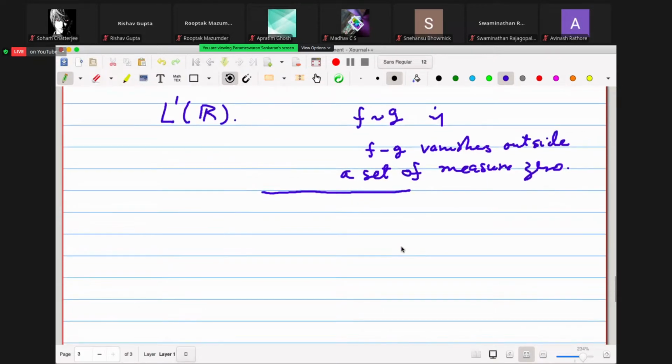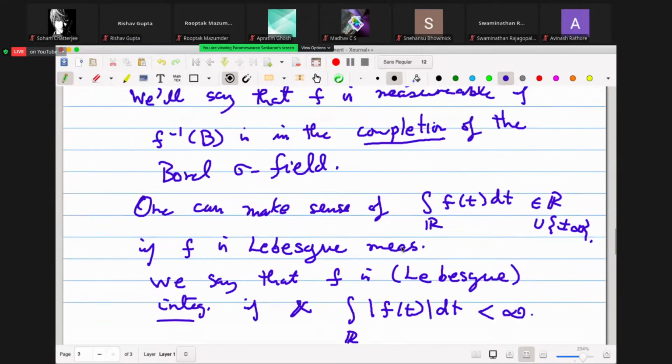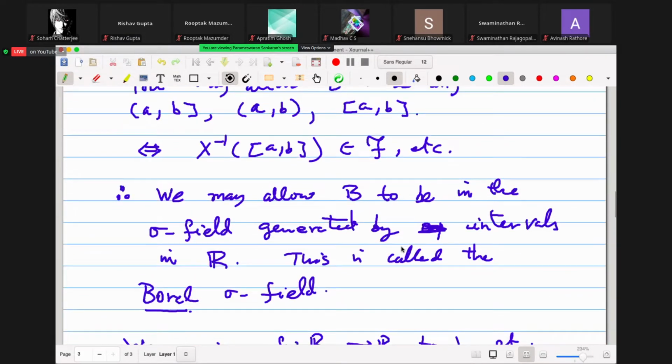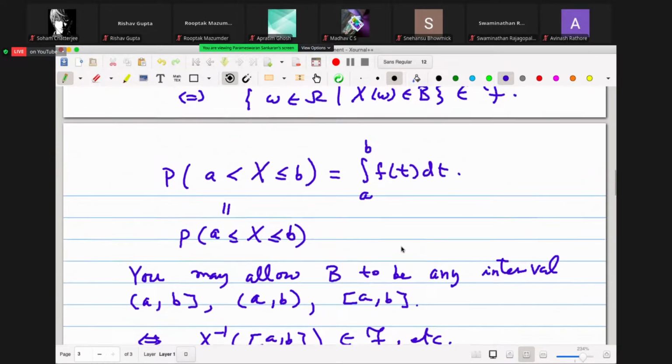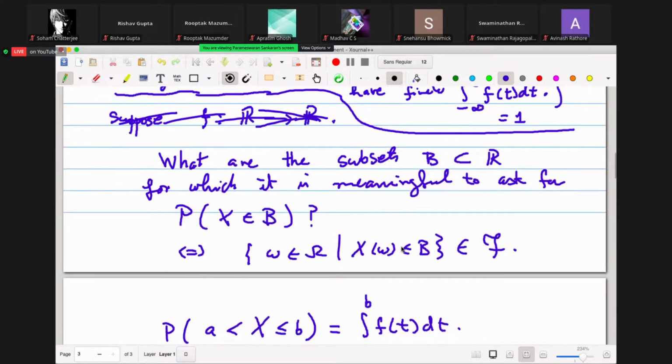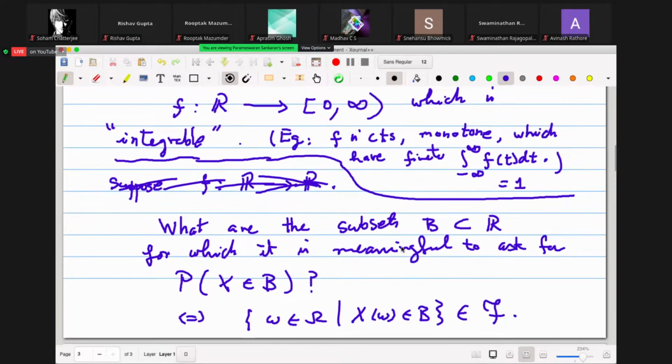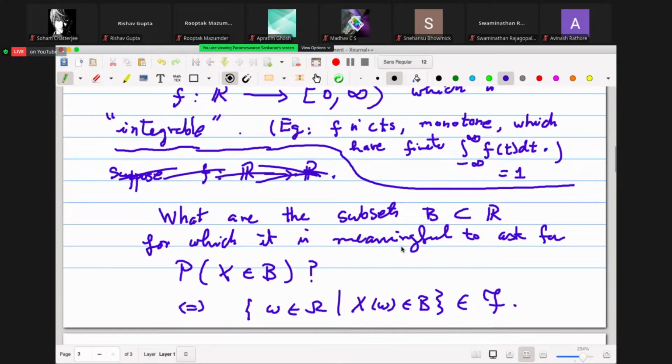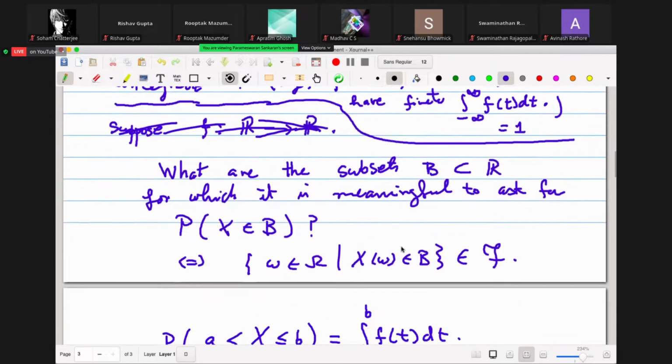The main difference between continuous and discrete is that you need to restrict your f suitably so that it makes sense to talk about the probability that X belongs to B. Since you want to allow B to be an arbitrary element of the Borel sigma field, B is allowed to be in the Borel sigma field.